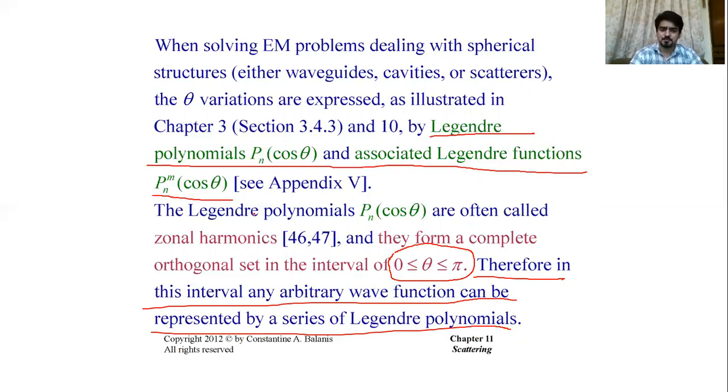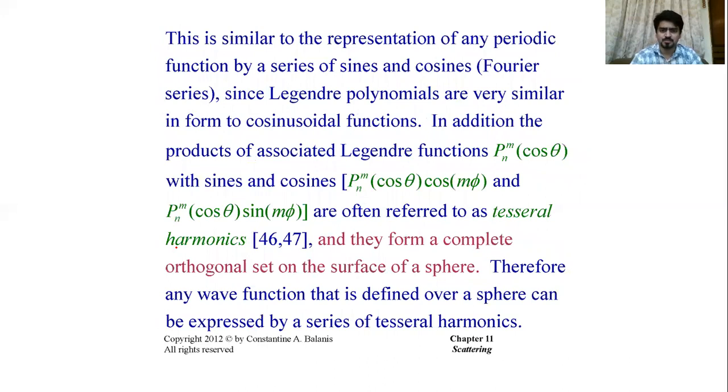Now, these Legendre polynomials are also called zonal harmonics. That is one particular thing. The other one is, if we multiply the associated Legendre functions, that is Pnm of cosine theta, with sines and cosines, then we have cosine of m phi and sine of m phi.